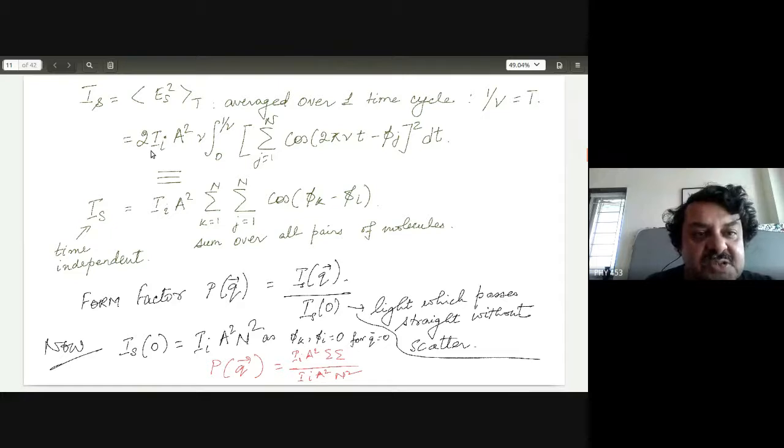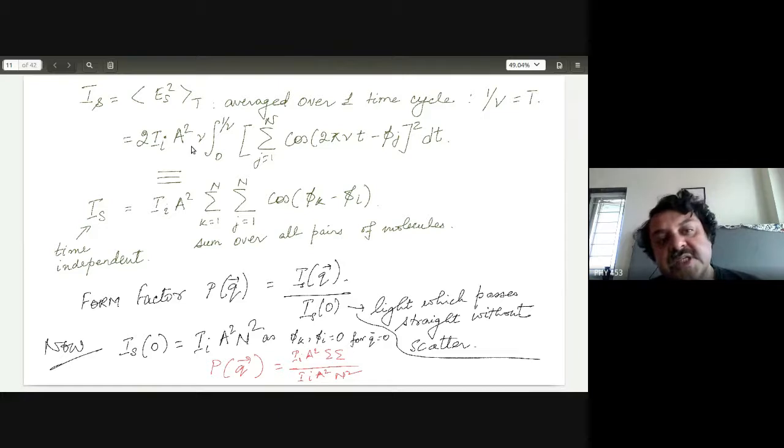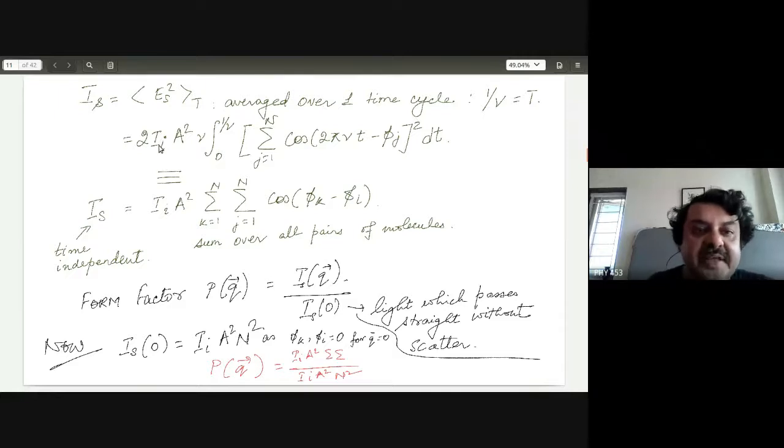And this leads to 2ia square. Okay. If you time average over the time cycle only, some of the terms remain, the cross terms remain actually, the whole square terms actually get averaged out when you average over a time cycle.